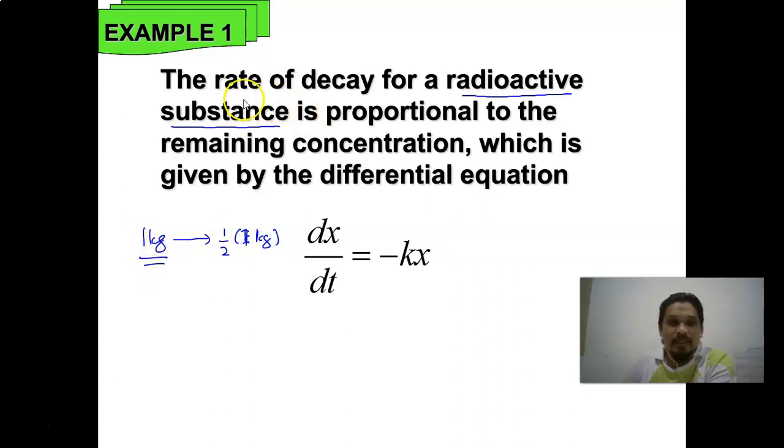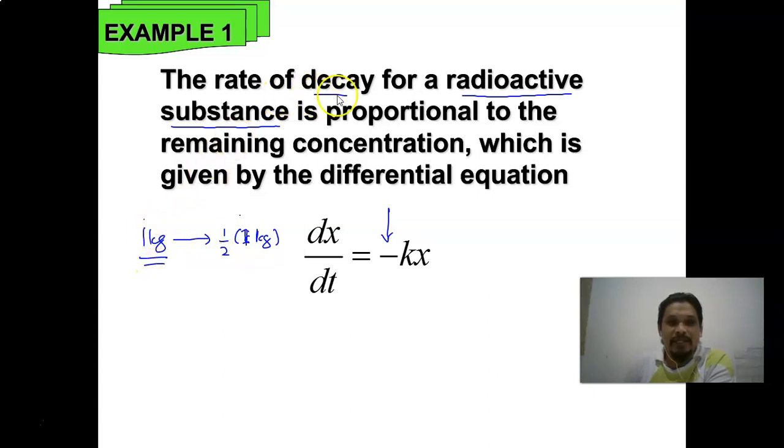So the rate of decay means that from the beginning until at one time it comes up to half of the 1 kilo, that half of it has disappeared. So we come up with the sign of negative, meaning the weight after is lesser than the weight of the earliest time.